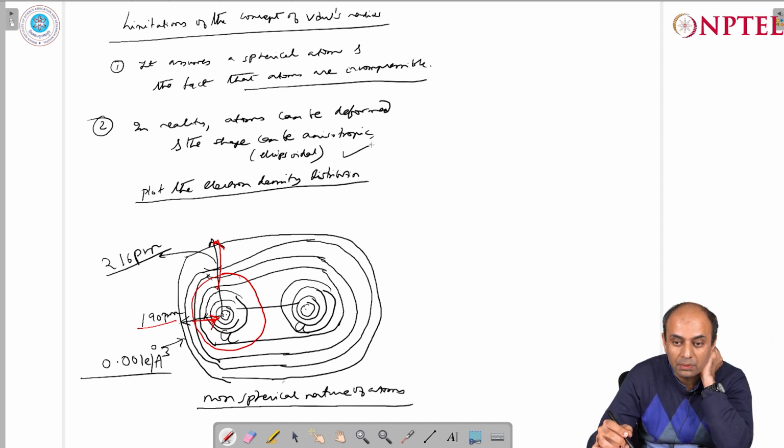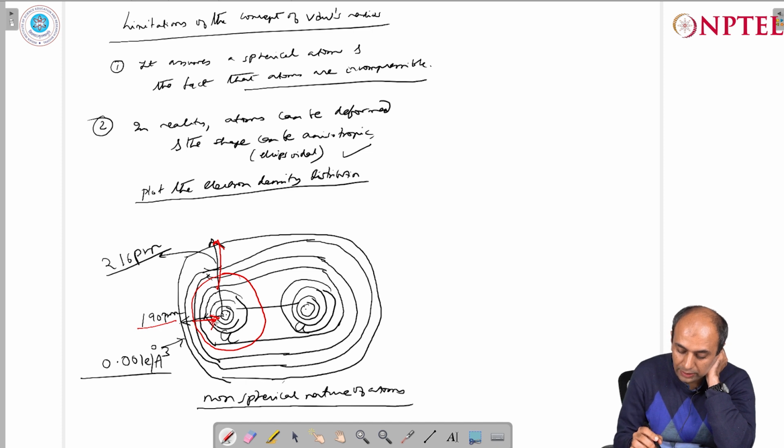For example, they can be closer to an ellipsoidal distribution, and plotting the electron density contour for the Cl2 molecule tells us that there is compression along the bond axis, whereas there is expansion of the electron density perpendicular to the bond axis. This gives rise to two different values for the same atom, the magnitudes being different along the two directions.